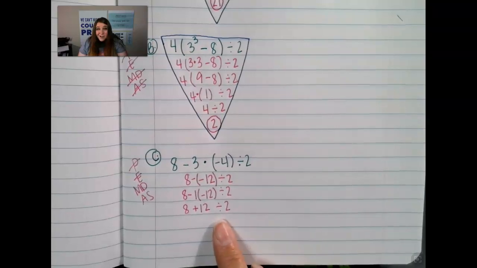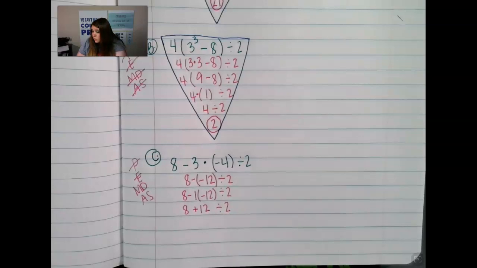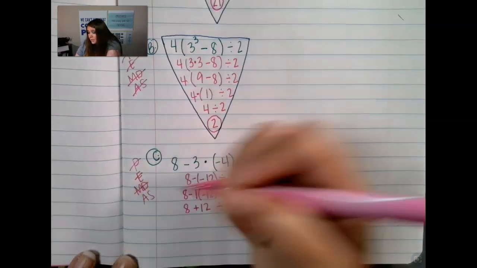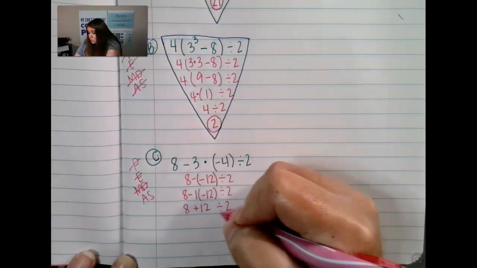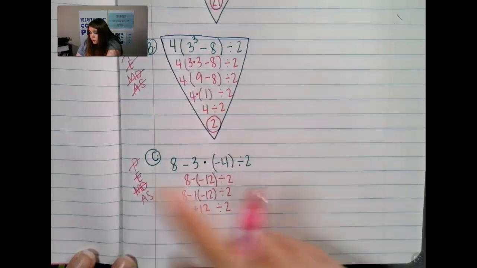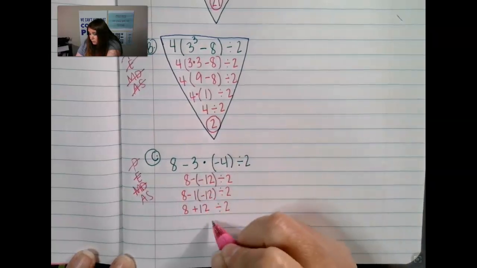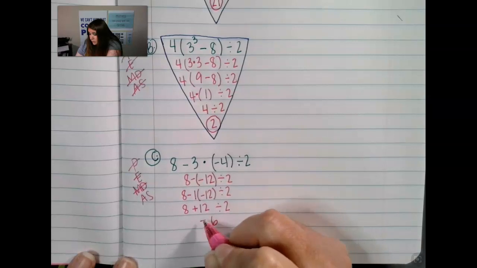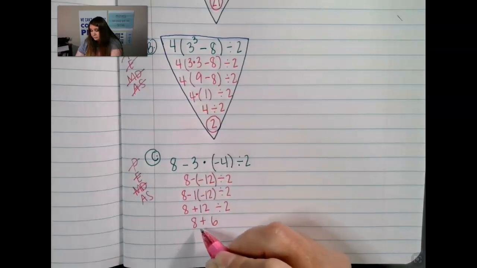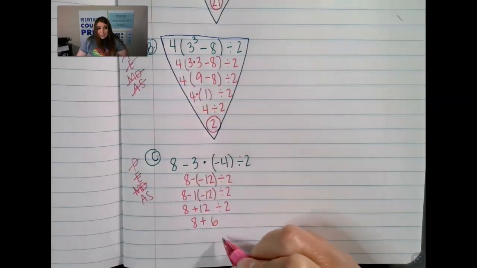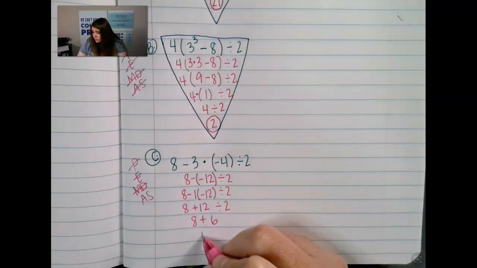Okay, so back to this. I'm still not done with multiplication and division. I still have division right here. So what I need to do is 12 divided by 2, crossing that out. Well, 12 divided by 2 is 6. And 8 plus 6 gives me 14.